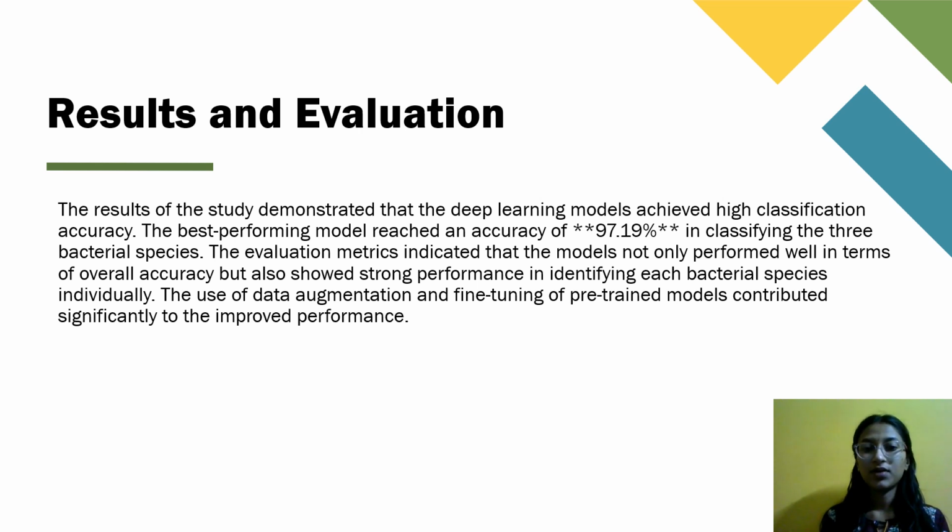The evaluation metrics indicate that the model not only performed well in terms of overall accuracy but also showed a strong performance in identifying each bacterial species individually. The use of data augmentation and fine tuning of pre-trained models contributed significantly to the improved performance.